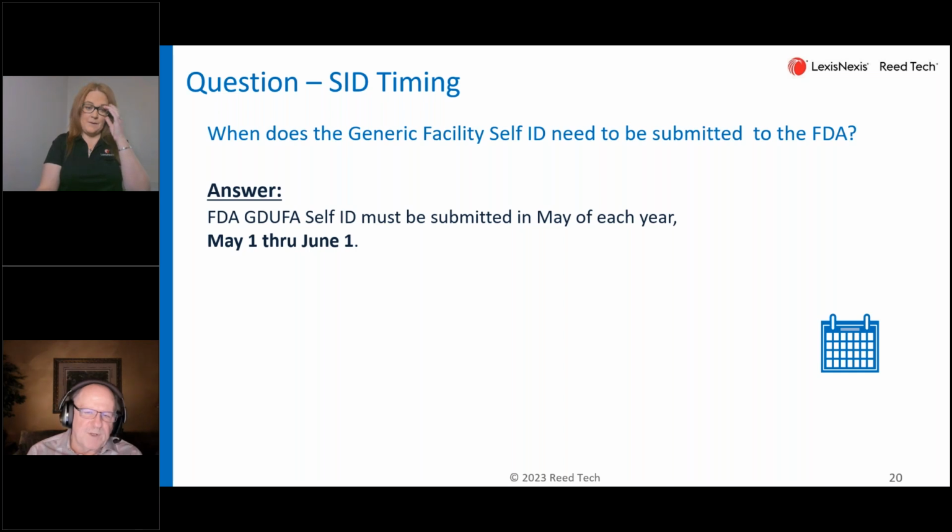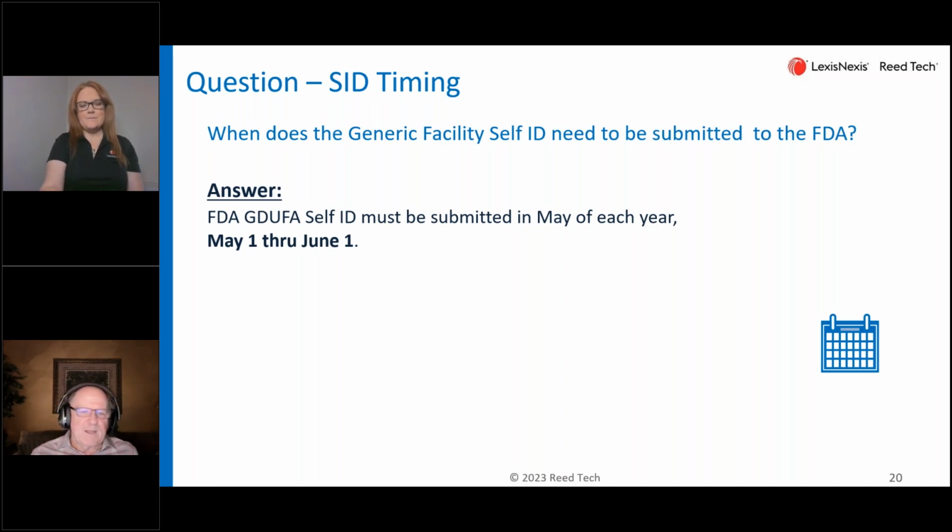It's not accepted if it's early, and you certainly don't want to be late. So this is something that you'll need to schedule. If necessary, maybe plan your vacations around something other than May. But it's this window that is available, and that's it. So you want to keep that in mind.